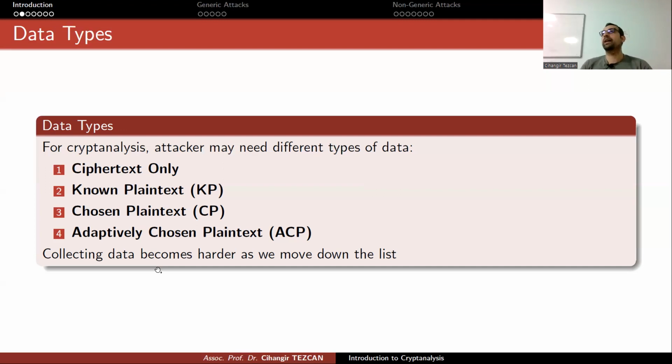But all of them are actually realistic because, in some scenarios, you don't have the encryption device, but sometimes you can capture the device. If you capture the device, this means that you can provide any input and observe the output. So in those scenarios, all of these data types can work. But of course, if you can do it in the ciphertext only version, this means that you can just listen to communication and break it.